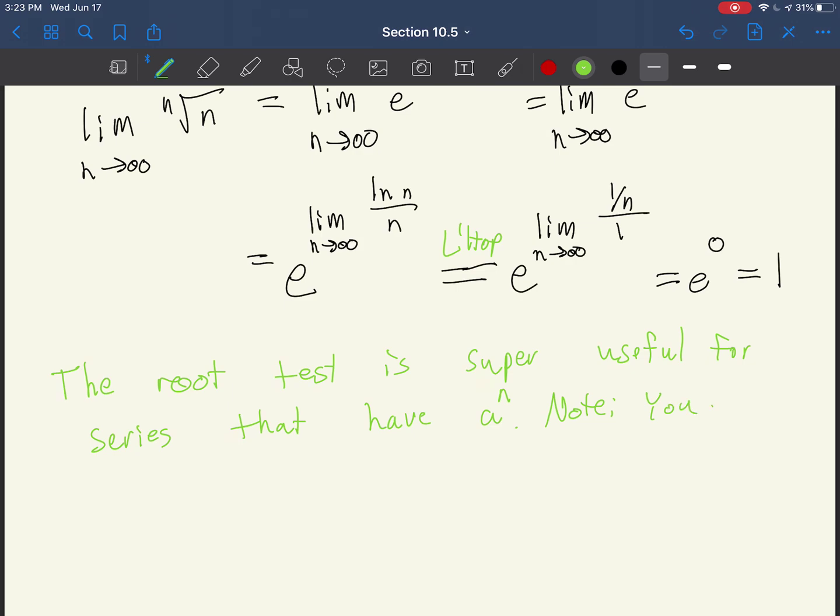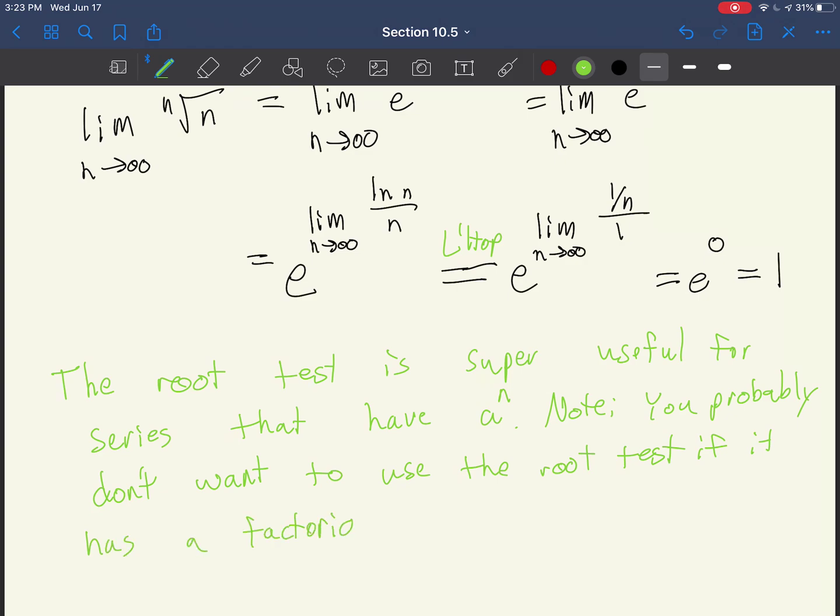But note, you probably don't want to use the root test if it has a factorial. If it has a factorial, you should use the ratio test.